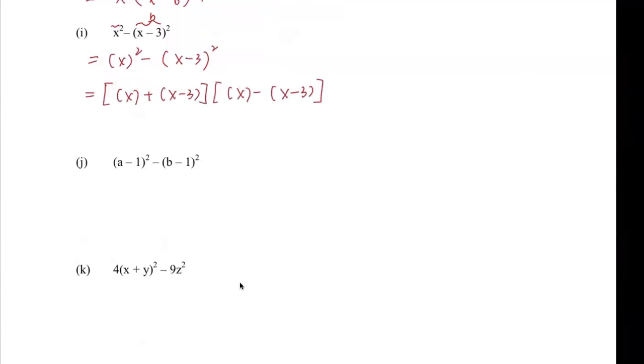The questions are getting more and more complicated, as expected, but we have everything that's required to solve this question. So the first part, x plus x minus 3, is equal to 2x minus 3.